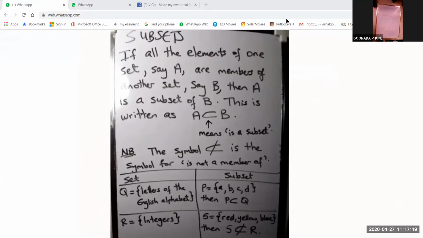So P is not a subset of Q. Sorry, my bad. In the first example, P is a subset of Q. Right? That symbol looks like a C, but it's not a C, it's an elongated C-looking thing. So P is a subset of Q, and S is not a subset of R. Are you all following?